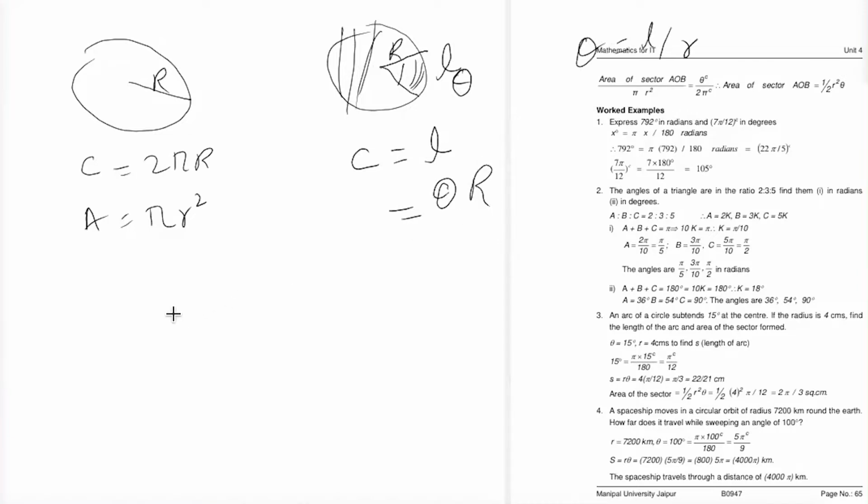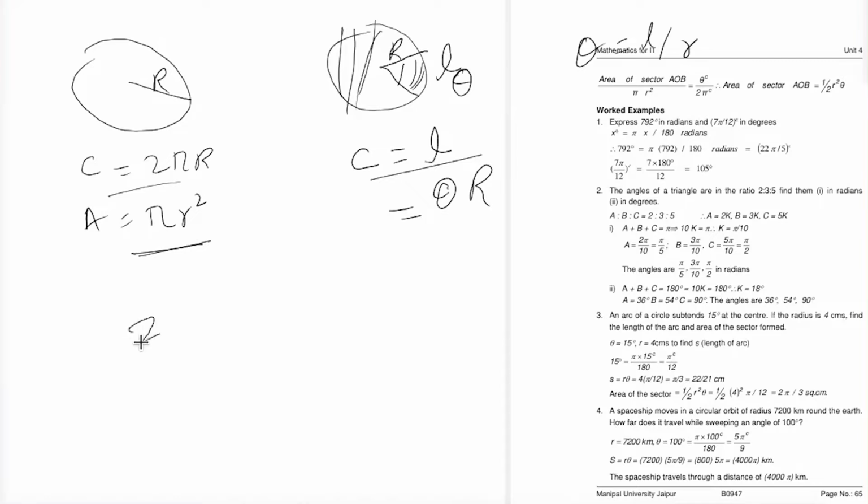Okay. So now, as we know, angles, circumference, everything are in ratio. If a full circle has area pi r square, then this small portion will have area in the same ratio.